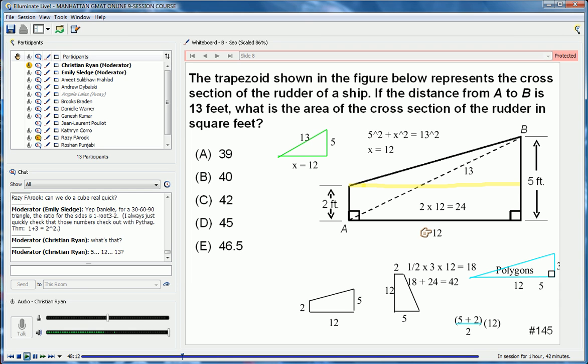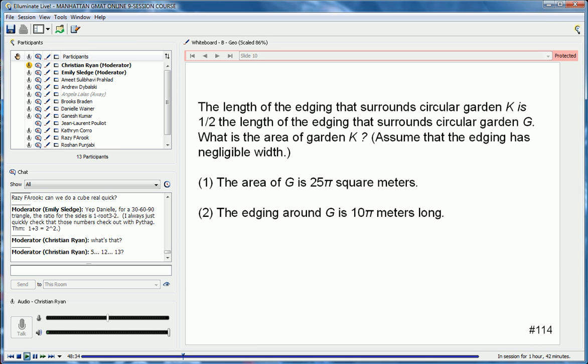On to the next problem. Any other points, questions? Okay, here is your first data sufficiency of the night. Yep, they show up in geometry as well. So you've got to bring everything to bear. Everything you know about data sufficiency plays out in geometry as well. Here you go. 2 minutes.